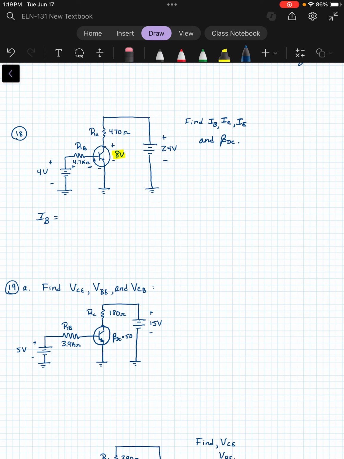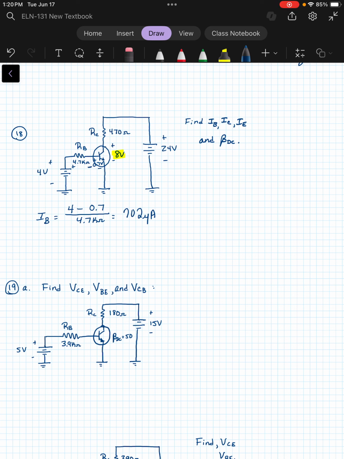We've got this drop over here of 0.7 volts. So the voltage drop across RB would be the 4 that we have on the left-hand side minus the 0.7 drop we have on the right-hand side over 4.7 kiloohms. Let's calculate what that is. 702 microamps.